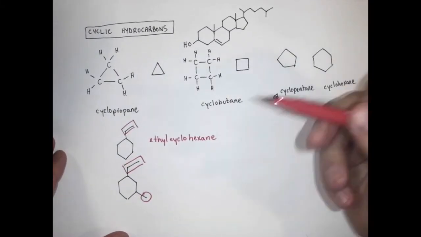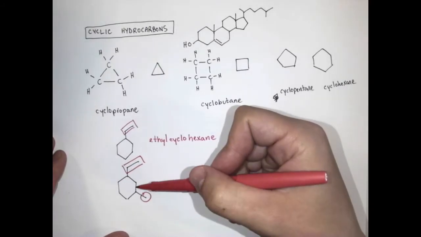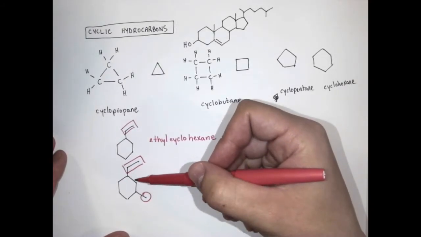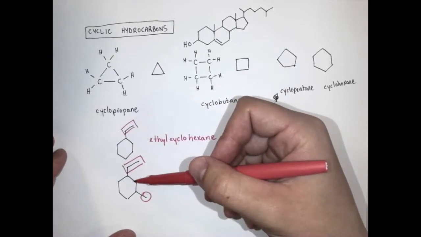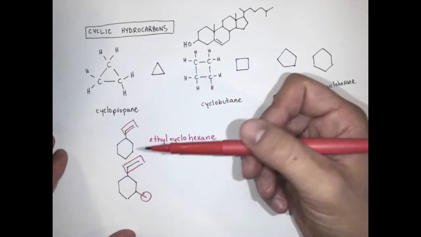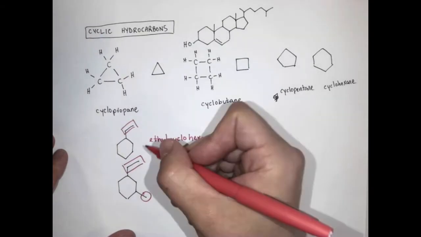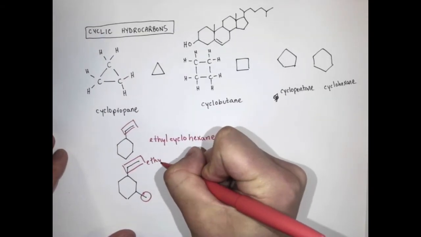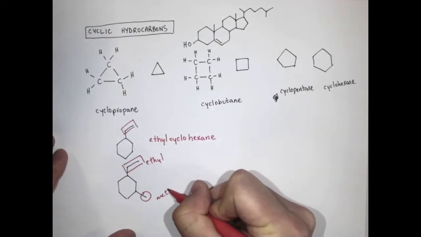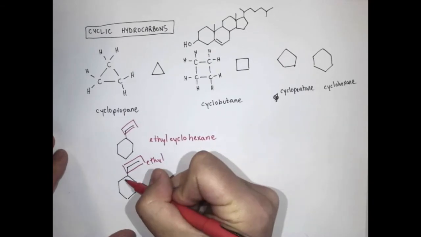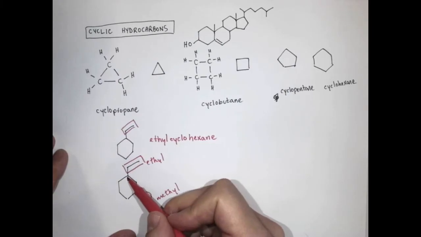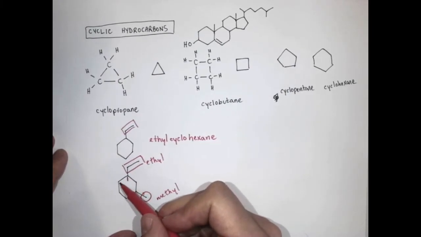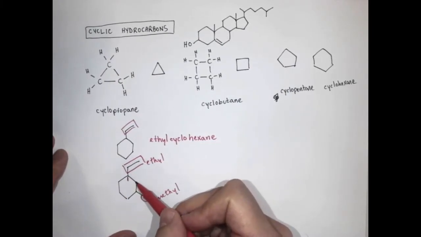Well, now I need to number things because now I've got 2 groups, and I need to number things such that the groups, the branches, have the smallest possible numbers. Ethyl will come before methyl alphabetically, so I'm going to start numbering here at 1. 1 is going to be where the ethyl group is located. Then it goes 2, 3, 4, 5, 6.